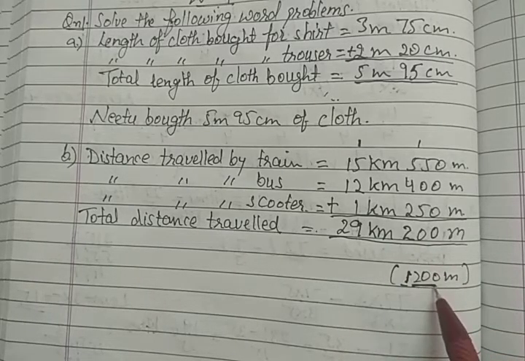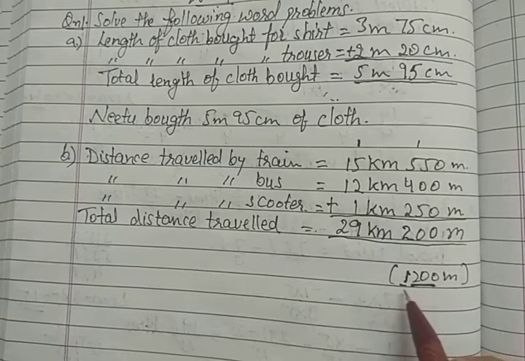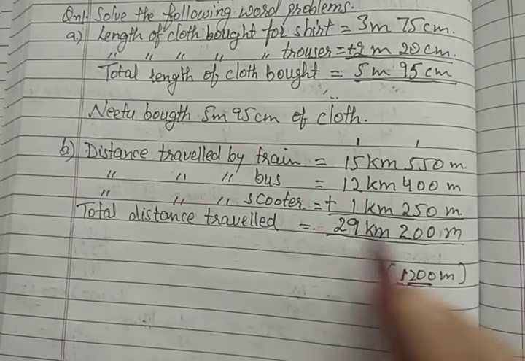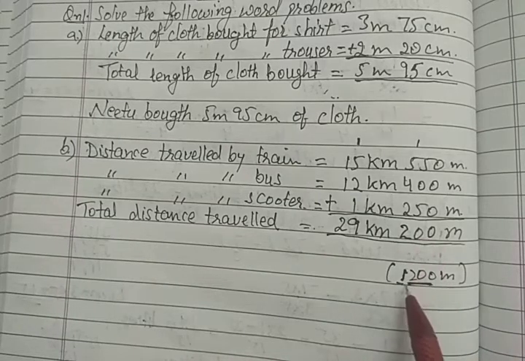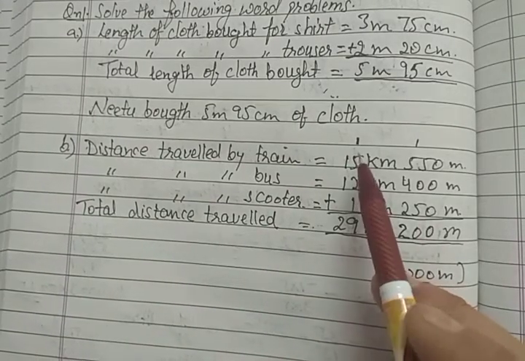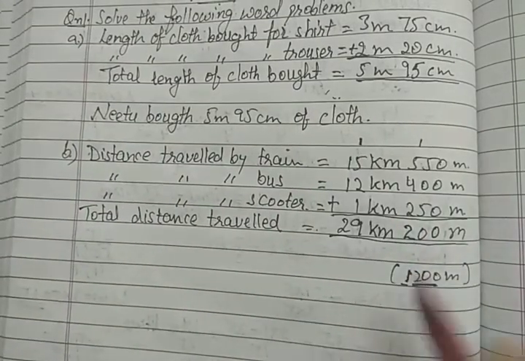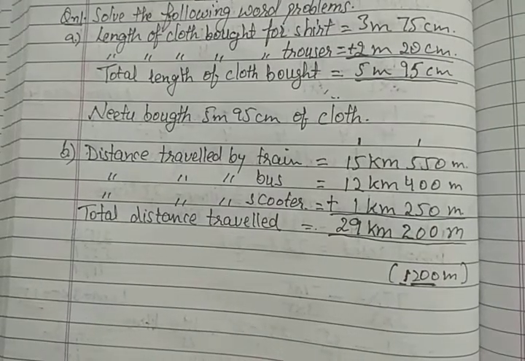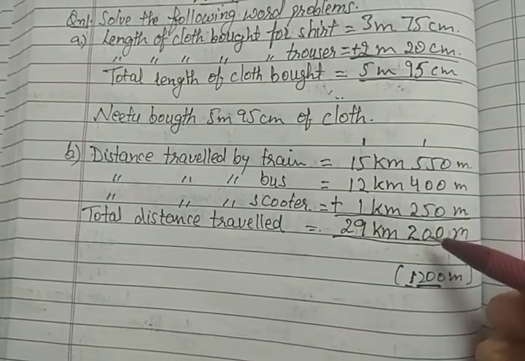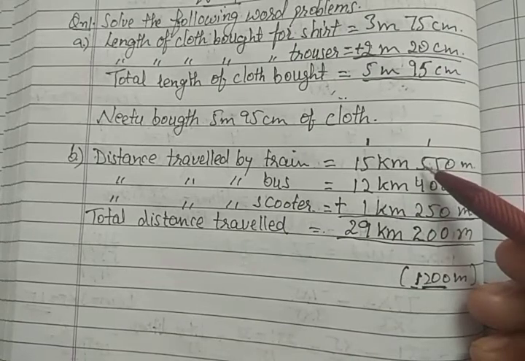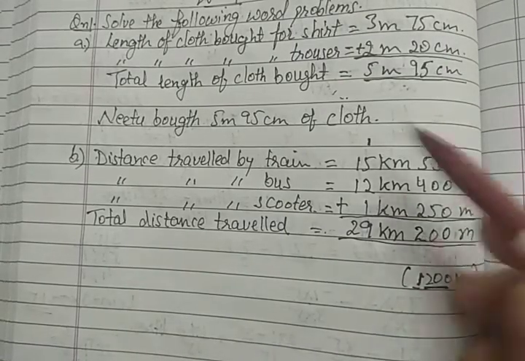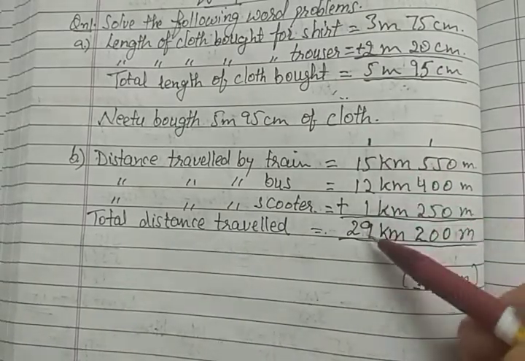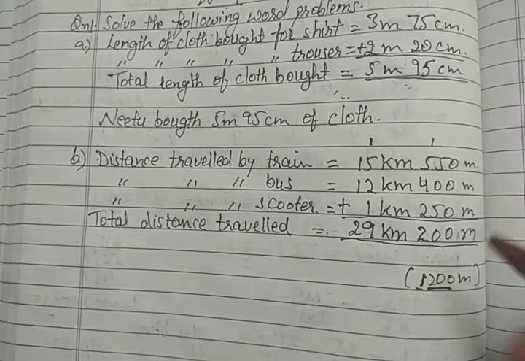So last 3 digits you have to separate and remaining digits are kilometer. So here is 1 kilometer that will go carryover. So in this way you can add, or you can add it directly, then also you will get the same answer.